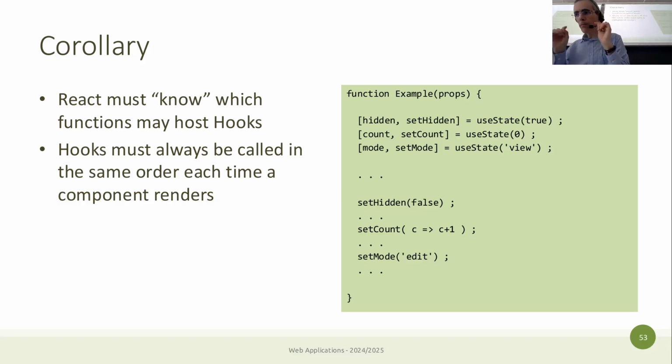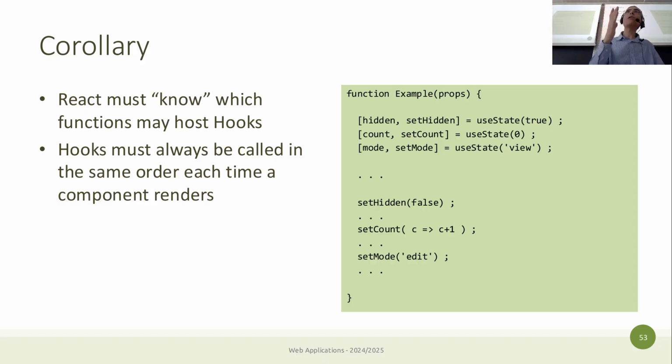When you make a new functional component, React knows it has to associate an array of hooks. And also, second, probably more important, hooks must always be called in the same order each time a component renders. So it means that when you write hooks, useState, useEffect, and so on, in the code of a component, you cannot just put them inside an if or for and so on. Okay?